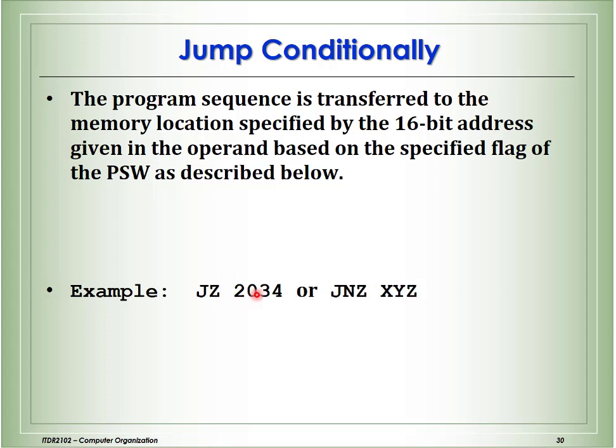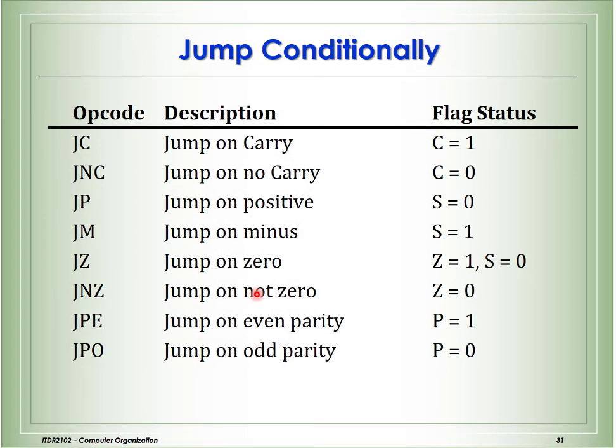I will show you here. Suppose, for jump conditional, we are going to use some instructions, some op codes here: JC, JNC, JP, JM, JZ, and so on.